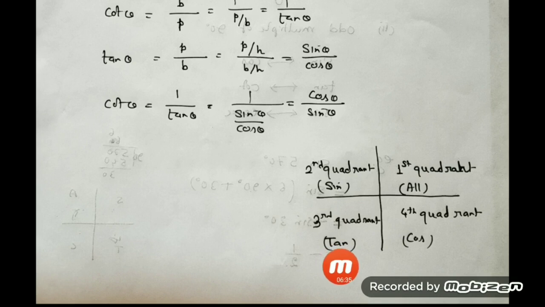So since tan is positive, its reciprocal cot is also positive. And in the fourth quadrant, cos is positive. So what is the reciprocal of cos? That is sec. So cos and sec are positive in the fourth quadrant and rest are negative. This rule is considered as the ASTC rule. Okay, all sine, tan, cos. These are the very preliminary concepts we have got in class 10 or 11.